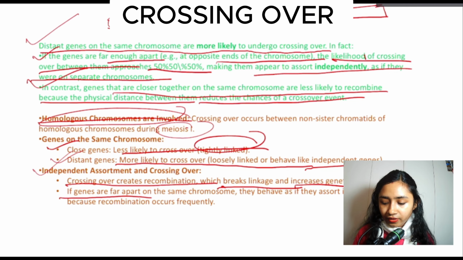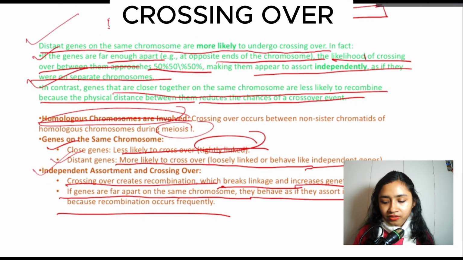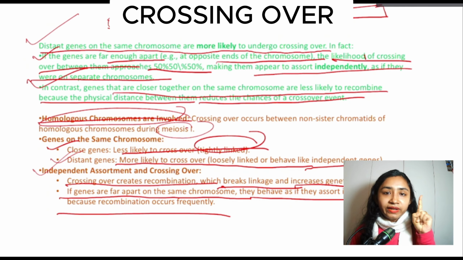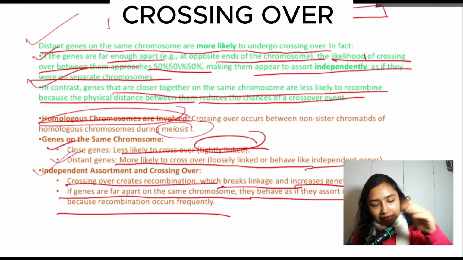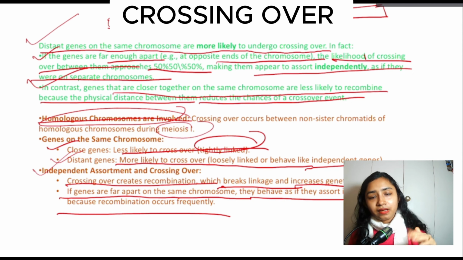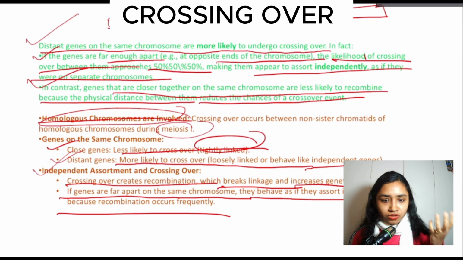If genes are far apart on the same chromosome, they behave as if they assort independently because recombination occurs frequently. After crossing over, the recombined chromosomes will assort independently into different gametes, giving rise to different combinations of gametes. I'll show this to you later.